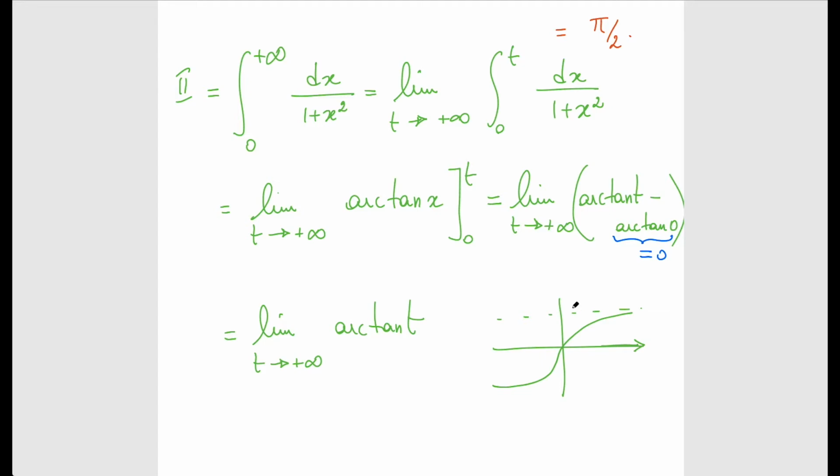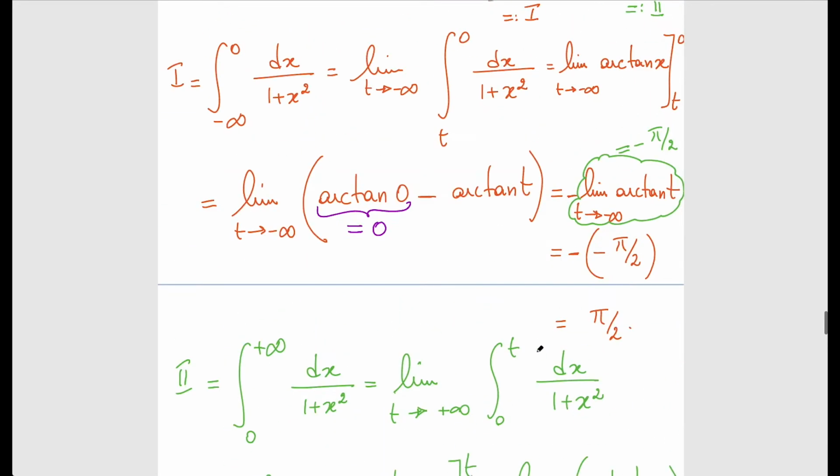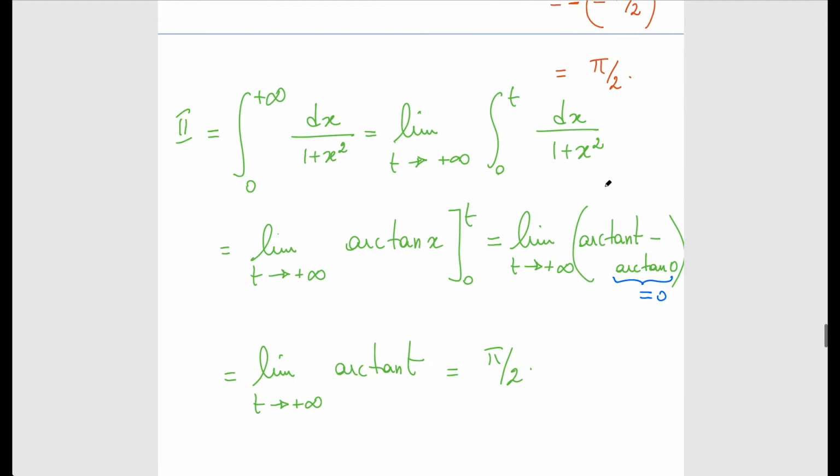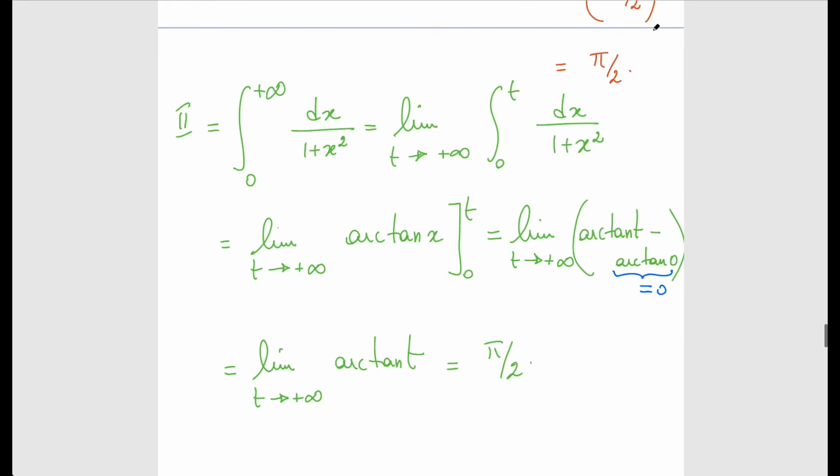The other horizontal asymptote. So it's going to be pi over 2, which is also convergent. So 2 is convergent and 1 was convergent. So the sum of these two values is the whole integral, and each of them happened to be pi over 2.